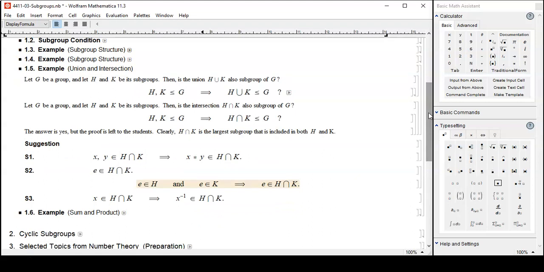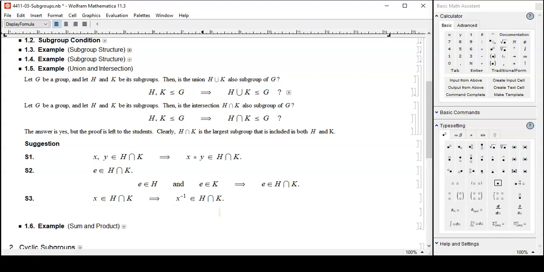Let me give you a similar hint one more time for this. Okay, so x belongs to the intersection.